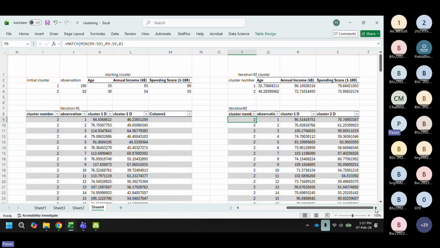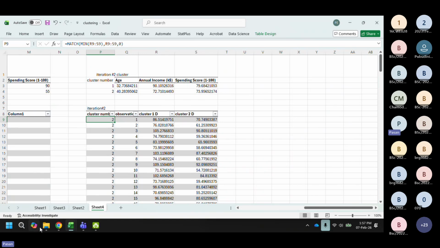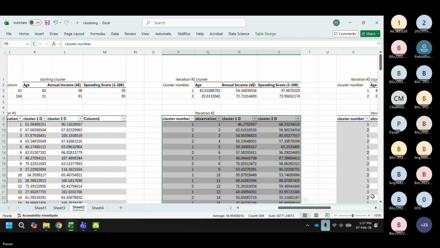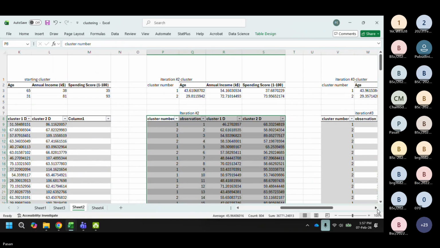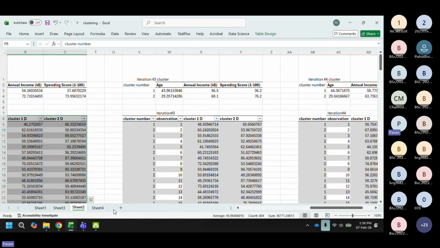So that's one iteration, then the second iteration, right? And then I can do this third iteration, and so on. You can perform several iterations there.